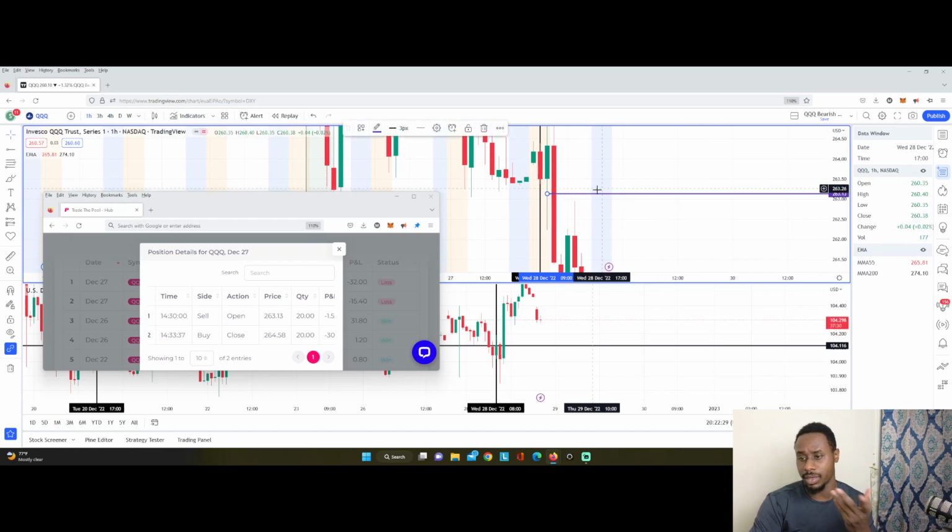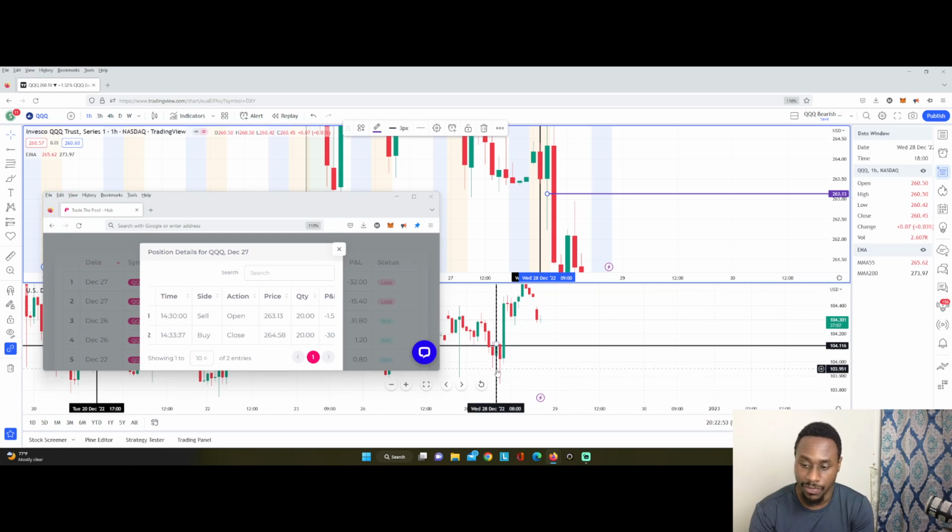So right there, this is where I entered to the sell side, and that was basically this candle here. So when I entered to the sell side, I saw this big wick here, right? So the wick is basically telling me that the sellers were able to push it down here, but that's a point where buyers are gonna push it up and take it from that side.